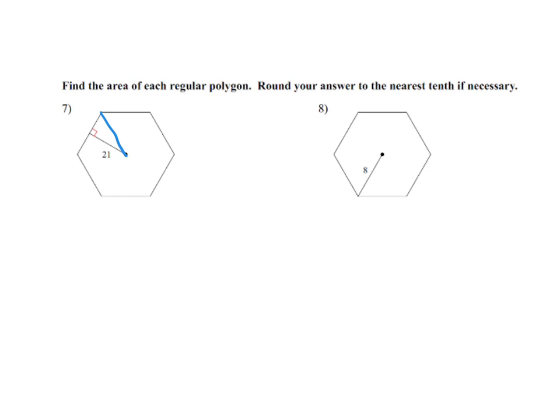Since there's 6 sides, I'd have 6 of those. 360 divided by 6 is 60, sorry. But then when I drop that apothem right there, because right here, this full angle is a 60.